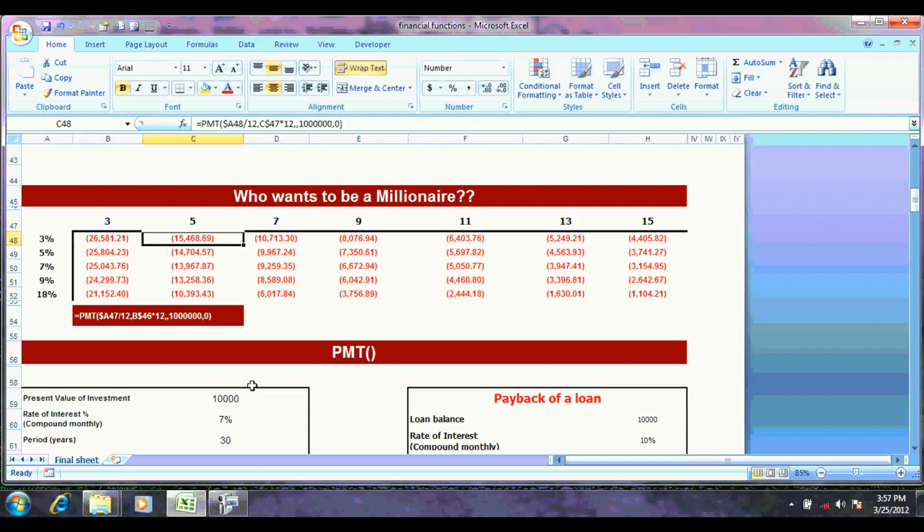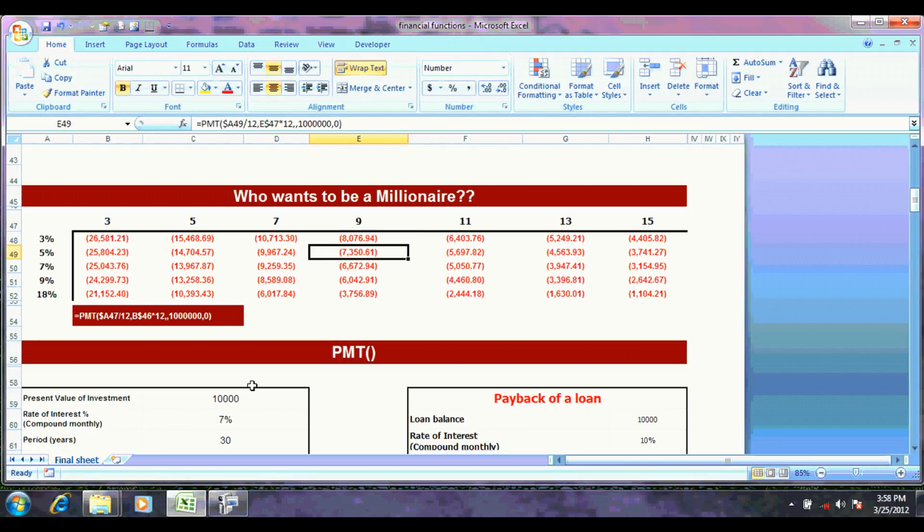Now first let's understand this value. 8076.94 means you need to invest 8076 rupees per month for a period of 9 years, and assume that your money will be growing at the rate of 3%. You will become a millionaire.